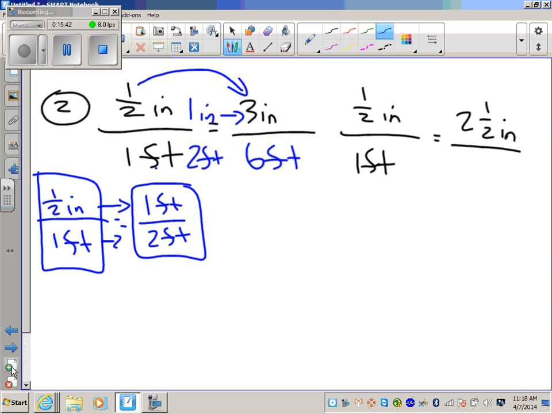You don't have to change it. I'm showing you a shortcut. Is there a relationship between half and 2 1/2? How many halves are in 2 1/2? How many halves are in 2? 4 plus another one is 5. So 1 times 5? 5.